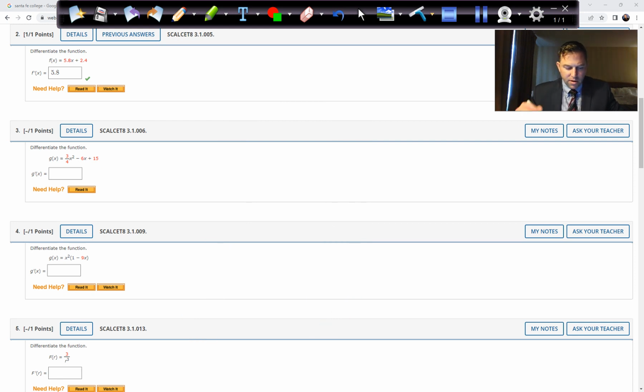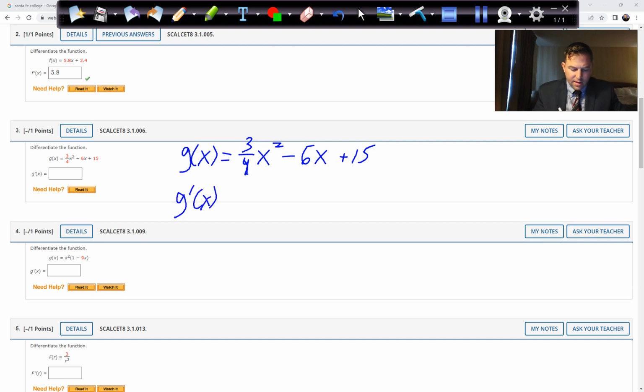Okay, so let's look at this problem. They gave us g of x is 3/4 x squared minus 6x plus 15. The derivative of that is equal to, really what happens is you are multiplying this 3/4 times 2, and then the x squared becomes x to the 1.